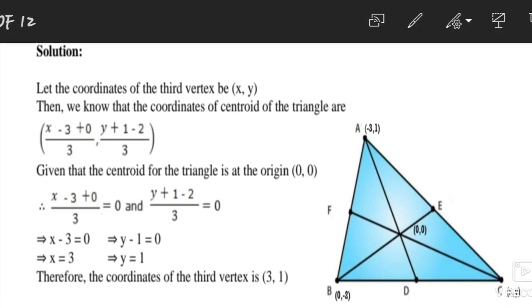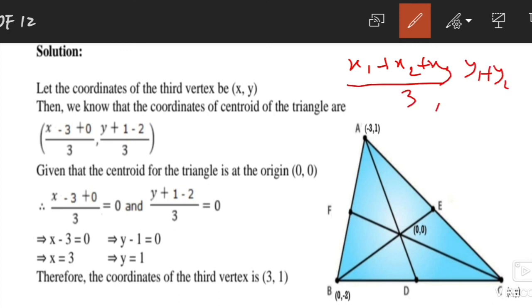We know the coordinate of the centroid, I told you the formula in the previous slide: (x1 plus x2 plus x3 by 3, y1 plus y2 plus y3 by 3), where (x1, y1) is this one, (x2, y2) is this one, and (x3, y3) is this one.